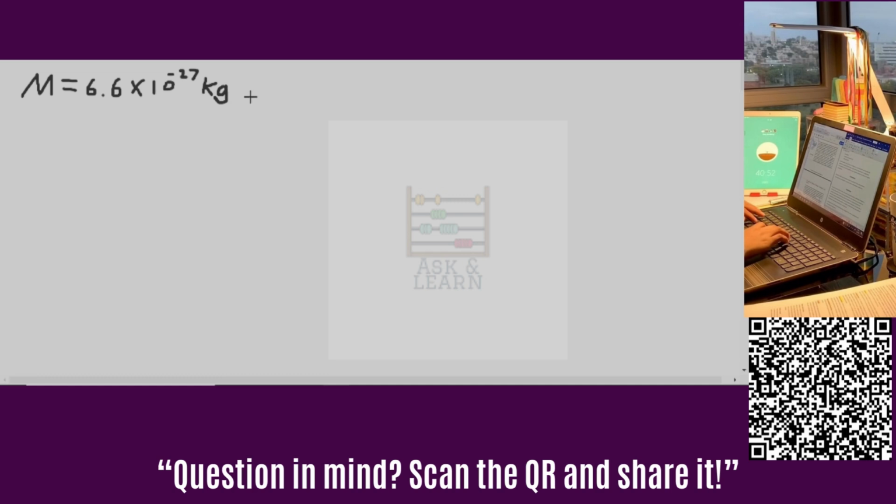We are given the velocity of this traveling mass, 4.4 times 10 to the fifth. Velocity is given in meters per second, also SI units, so we don't need to convert anything.